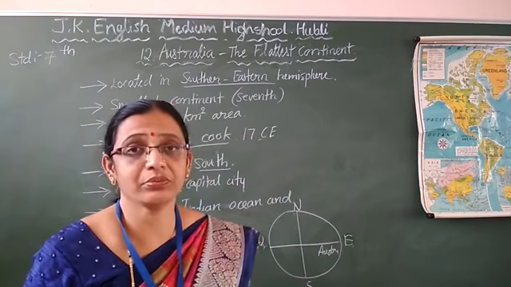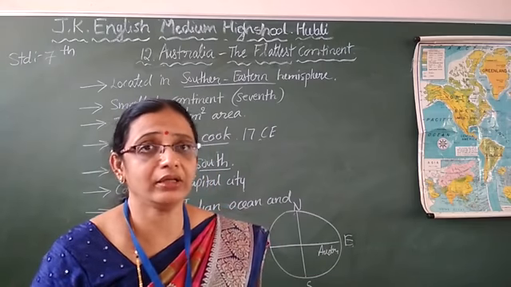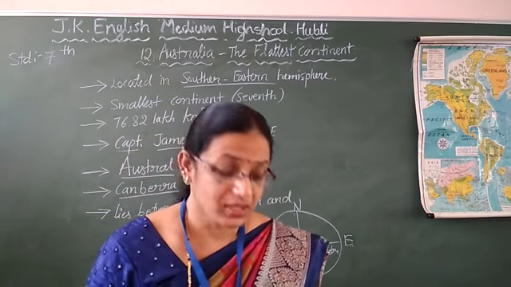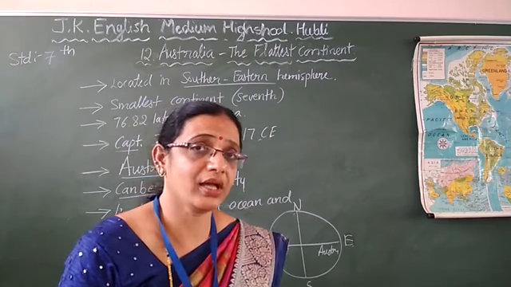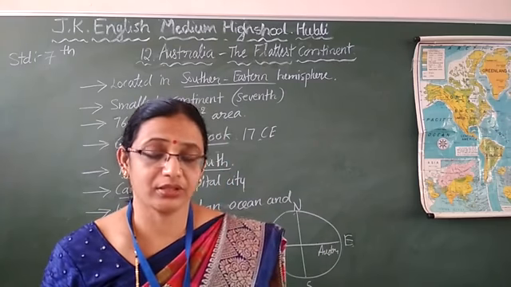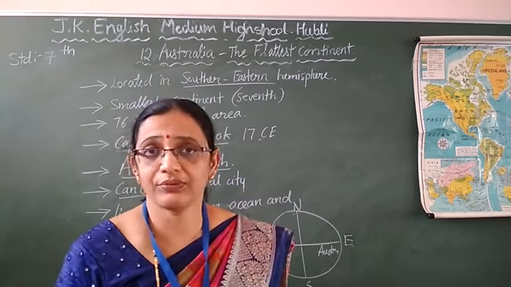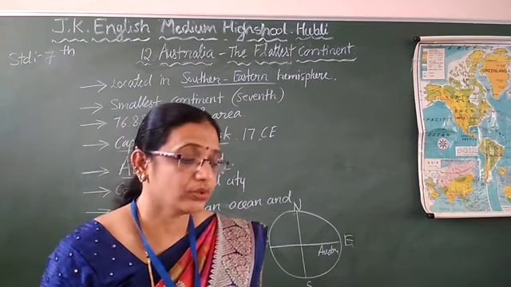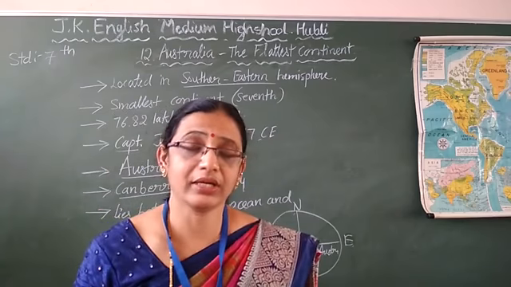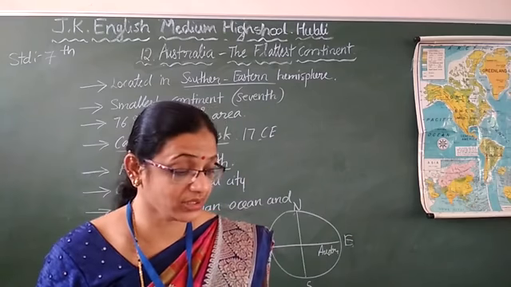Extent means it is 76.82 lakh square kilometers, and generally it means double the size of India. And it is small both in area as well as in population. It is discovered by James Cook. The name Australia is taken from the Latin word austral, which means south. So I told about the name of Australia and who discovered it, its extent and location.